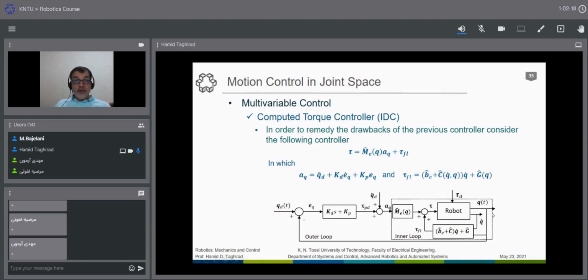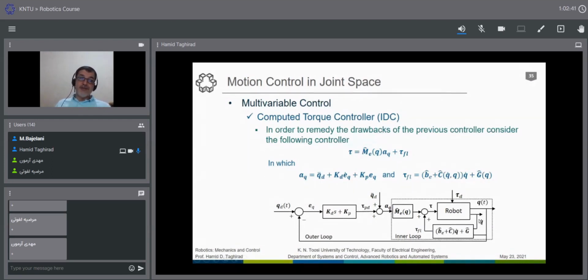Usually we measure Q. We can have one differentiation by filtered differentiation, as we discussed previously in the calibration process. We can have Q and Q dot, but never ever use Q double dot. If you are using Q double dot, you are in trouble, practically in trouble.